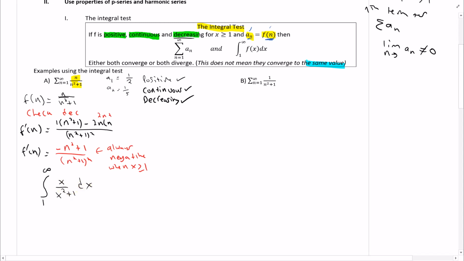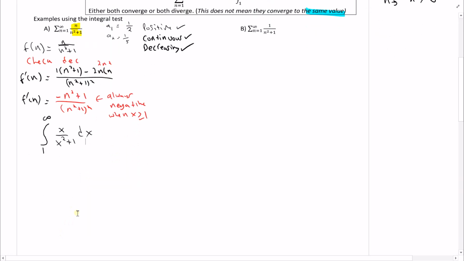Change that to x. And then we have to remember from improper integrals, how do I evaluate this improper integral? Well, we're going to say the limit as n goes to infinity, or let's say a, like that. We just replace that top infinity with a letter, and then take the limit as that letter approaches infinity. We're going to integrate this. It's going to require some u sub. So u is going to be x squared plus 1.